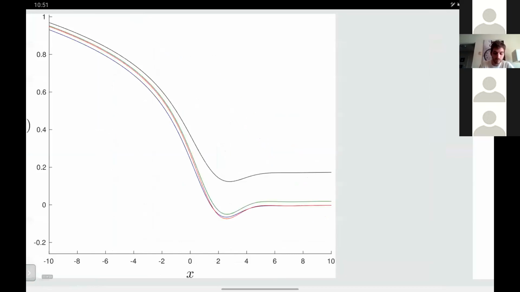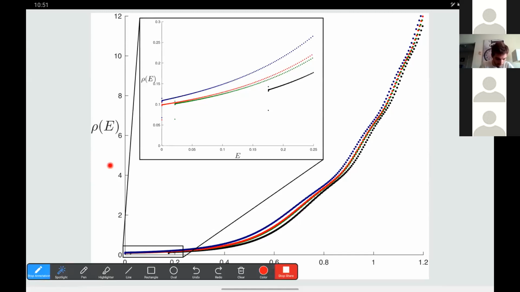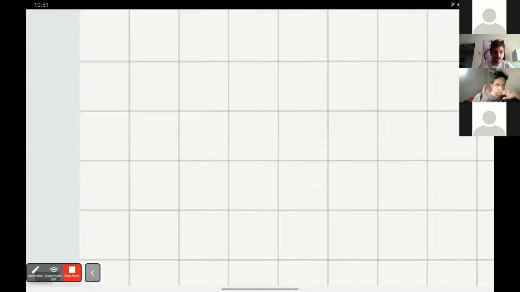From this, you can compute the spectral densities, and you get numerical results that look like this, okay? Here you can see the way in which the vacuum energy starts to change as you increase lambda. This was just to show you some things, but I don't have enough time to tell you about it. So thank you, I'm done.